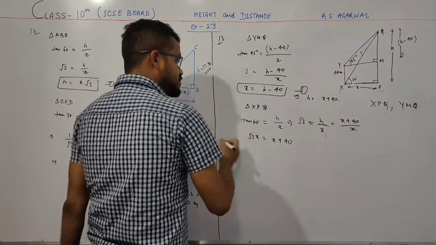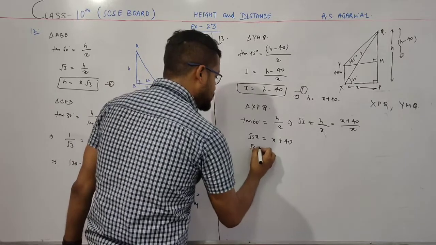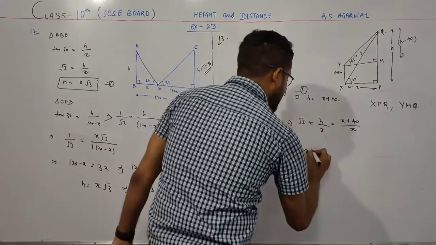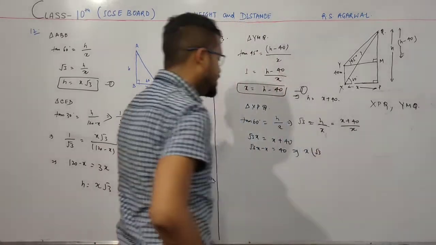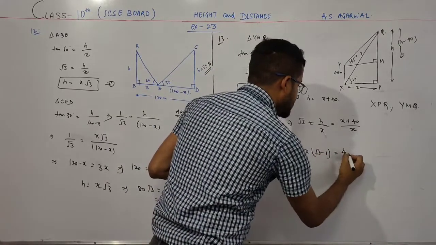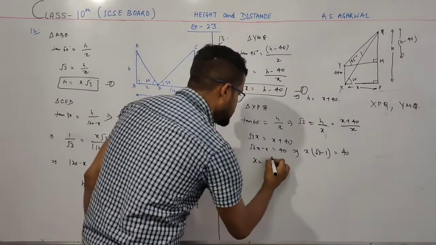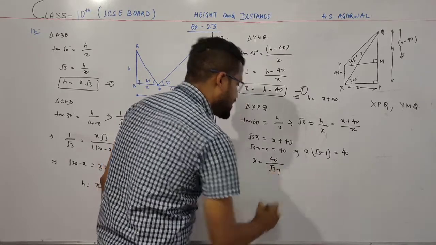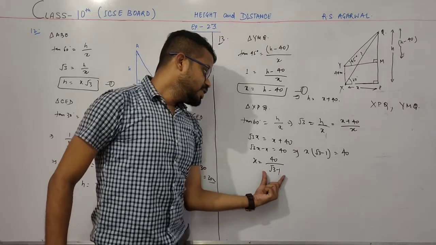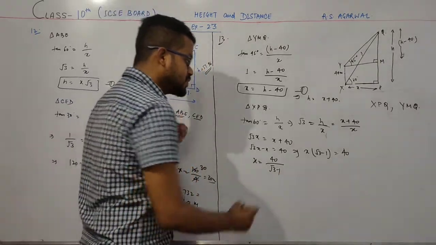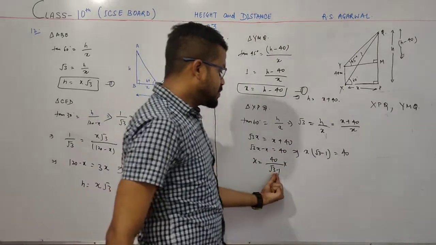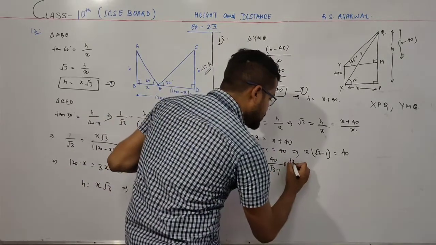I bring x to the left hand side, so root 3x minus x equals 40. Taking x common, x times root 3 minus 1 equals 40, so x equals 40 by root 3 minus 1. Here we have to rationalize, because there is a root value in the denominator. I multiply numerator and denominator by root 3 plus 1.